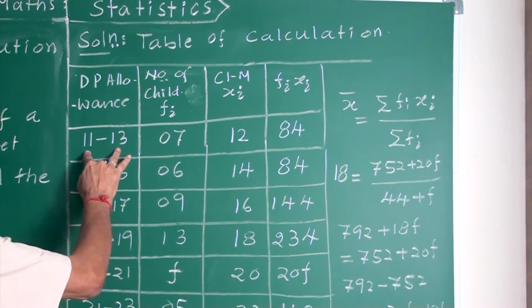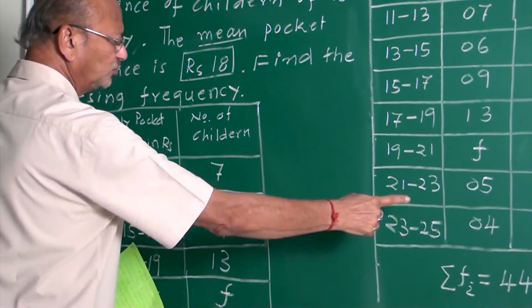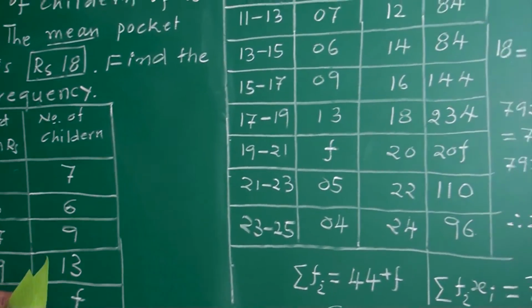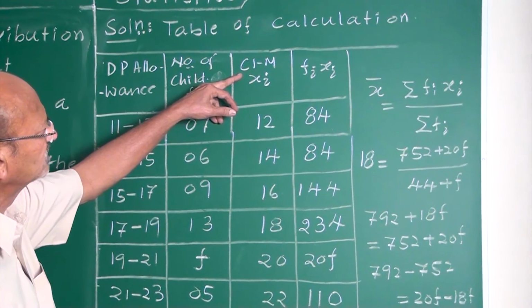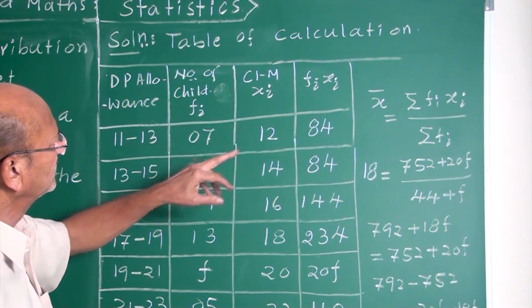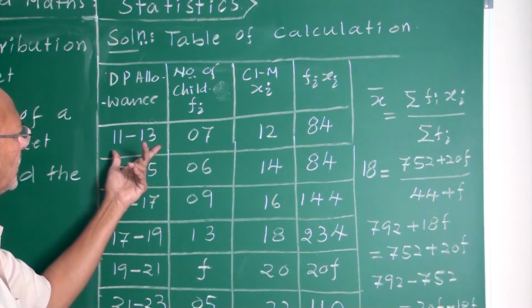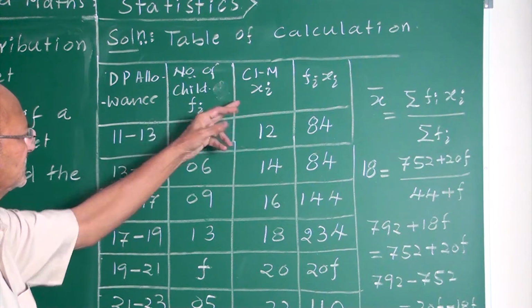Whatever the statement gives, the first two columns are the same. Then you have to find the class mark. What do you have to do for this? You have to add these two, the upper and lower limit. This is class mark, xi.